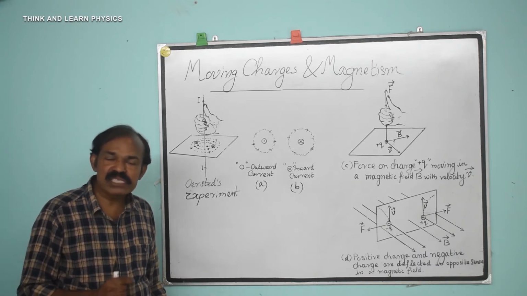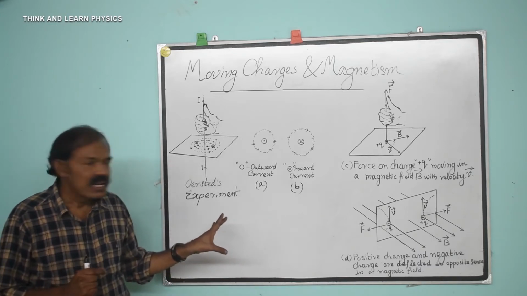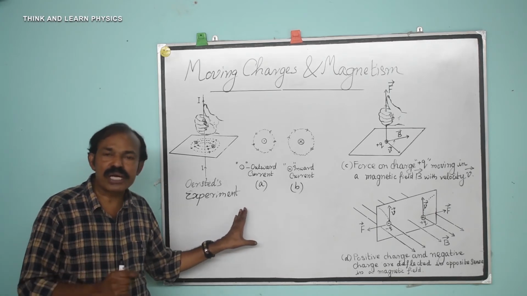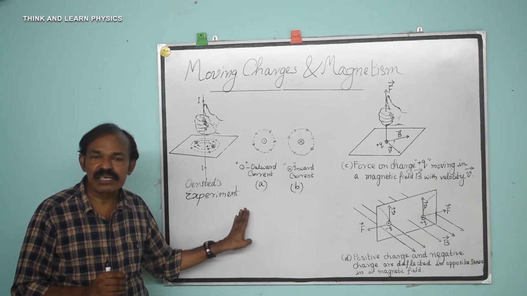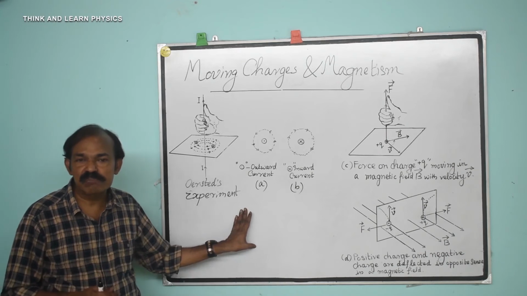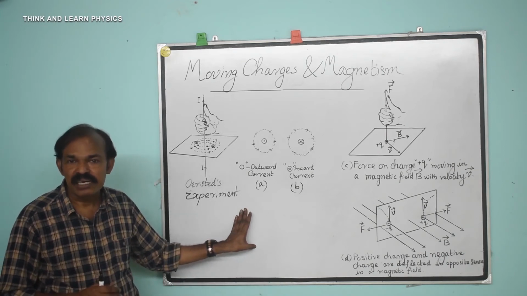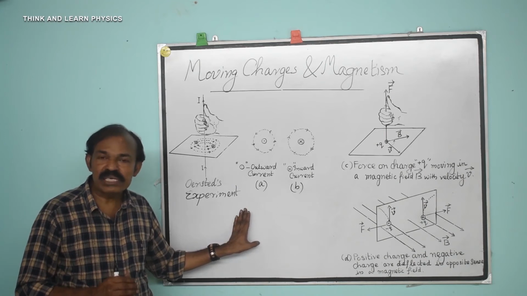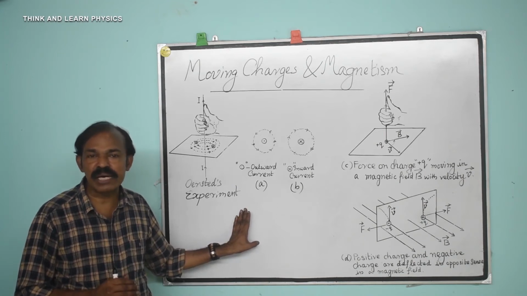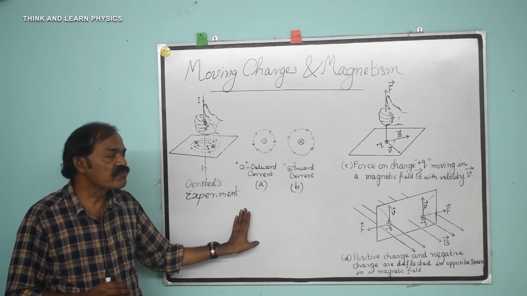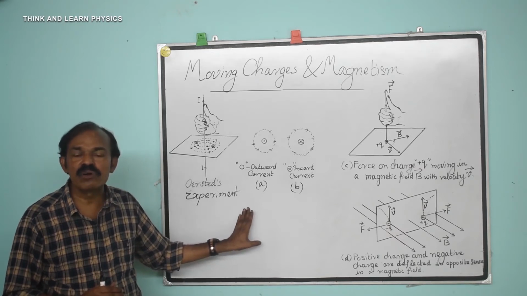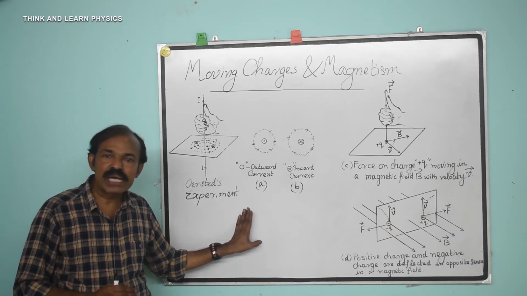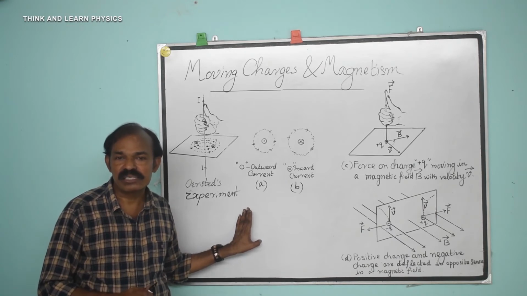So if this moving charge moves through a magnetic field, then the two magnetic fields may interact and the charge experiences a force. So a moving charge experiences a force in a magnetic field. In addition to the magnetic field, if there is an electric field also, then there will be a net force acting on the charged particle.